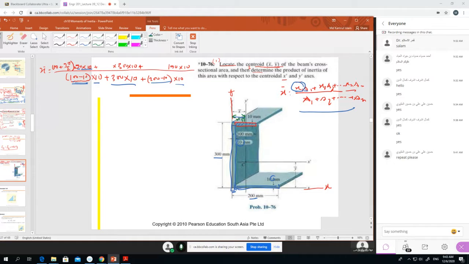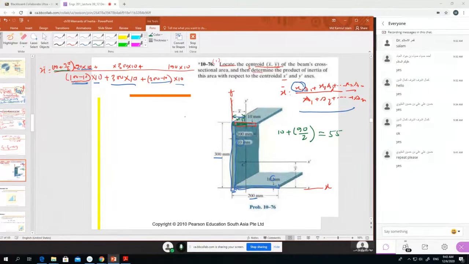First, up to here is 10, so we write 10 plus half of the rectangle. Half is 90 by 2, right? So 10 plus 90 by 2, this is 55. Now clear? Tell me, Hussain Ali.